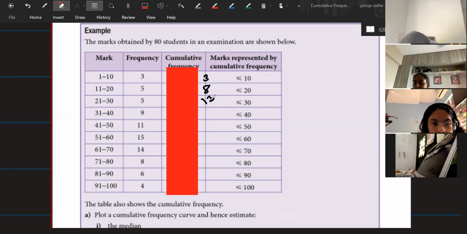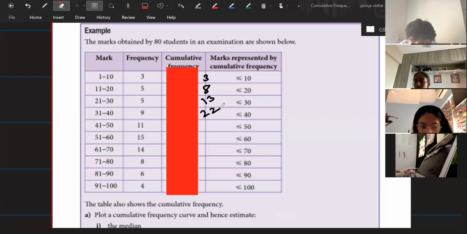Both of you. Less than 40? 22. I'm not saying anything whether it's right or wrong. We'll check later if it is right or not. So 22. Trisha, unmute yourself. Kyra, you also. Keep a calculator.